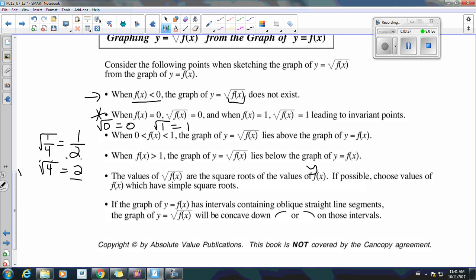So if possible, choose values of f of x which have simple square roots. If the graph of y equals f of x has intervals containing oblique straight lines, so that word oblique just means diagonal, straight lines, the graph of the square root of f of x will be concave down on those intervals.